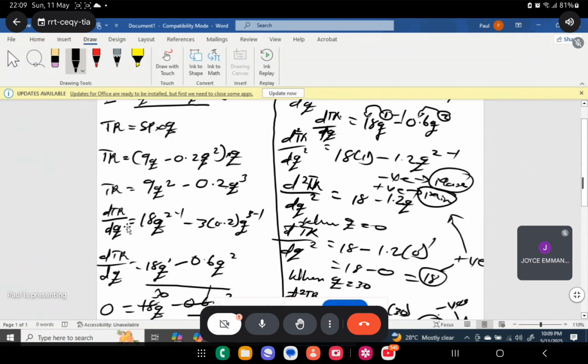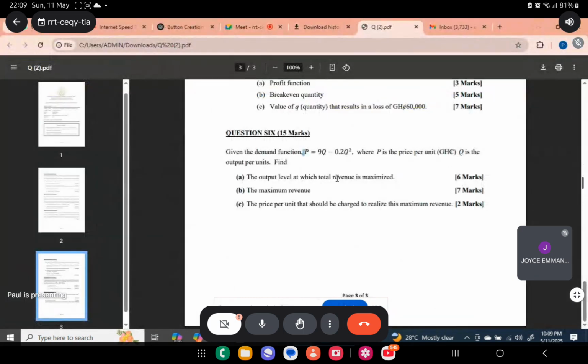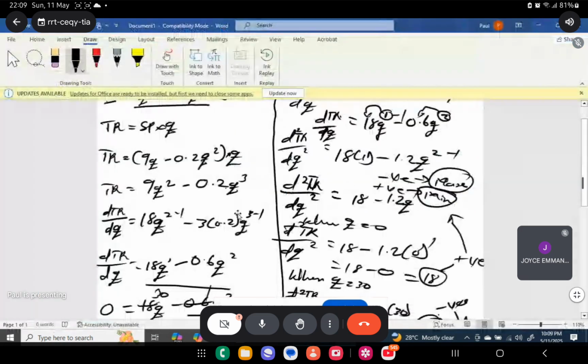Then, to get the optimal revenue, because we need the output level at which total revenue is optimized, maximized, they are the same thing. If you hear maximize, optimize, it's the same thing.